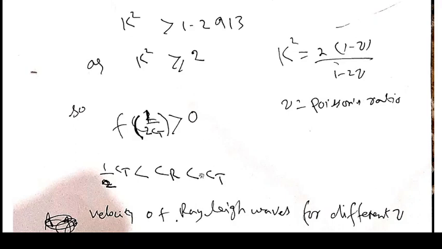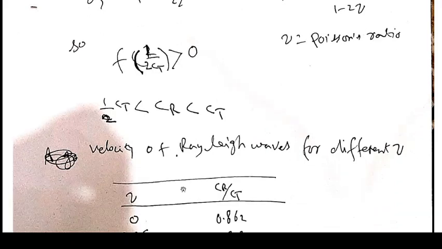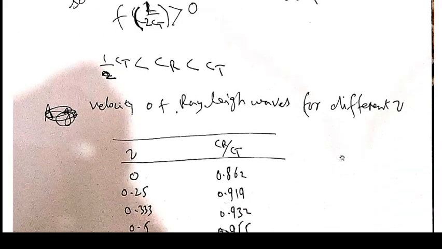So we can write this, this is less than 0, this is positive. So Cr can lie between this range, and for different values of nu we have this. If you divide Cr by this Ct, then you have 1 by 2 less than Cr by Ct less than 1.